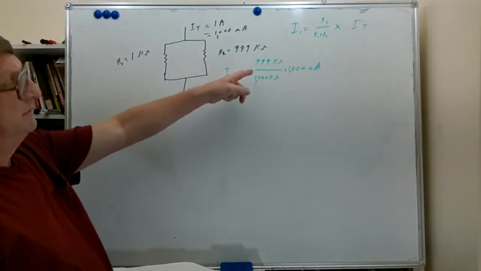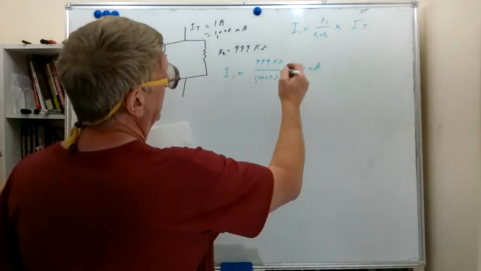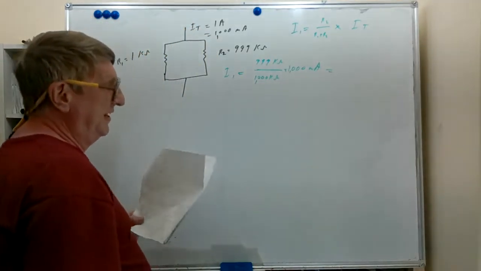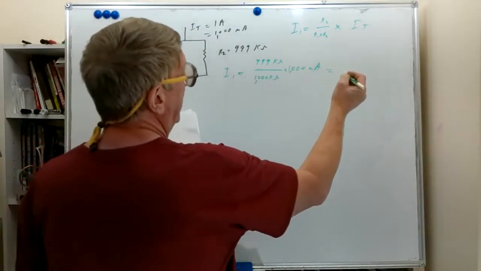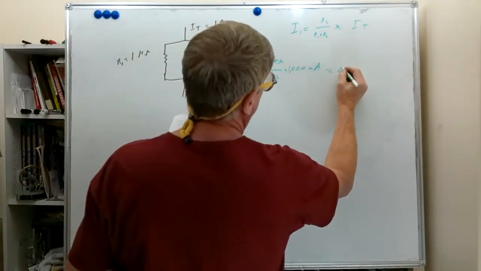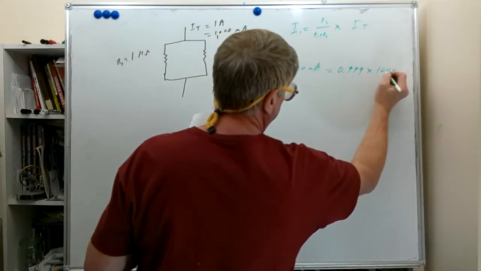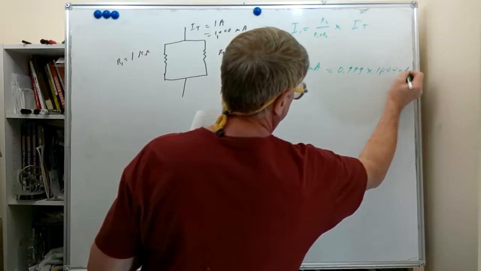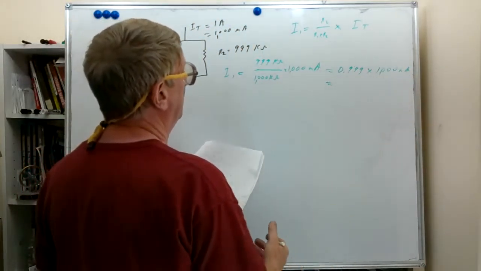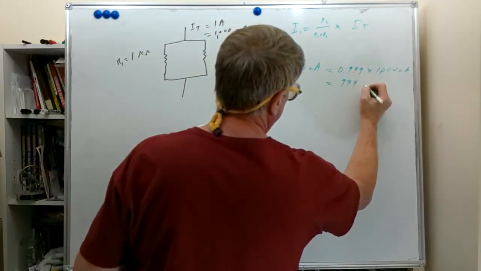We could look at some cancellation, but 1,000 into 999, the units cancel, so it's 0.999 times 1,000 milliamps, which, multiplied by 1,000, moves the decimal place 3 places to the right, so it's basically 999 milliamps.